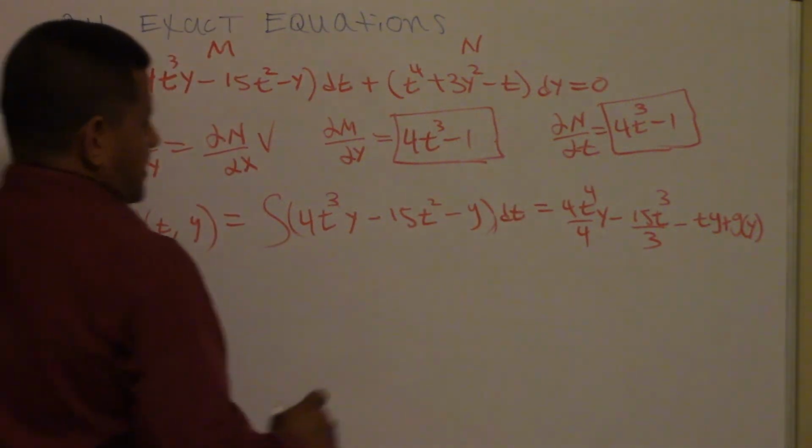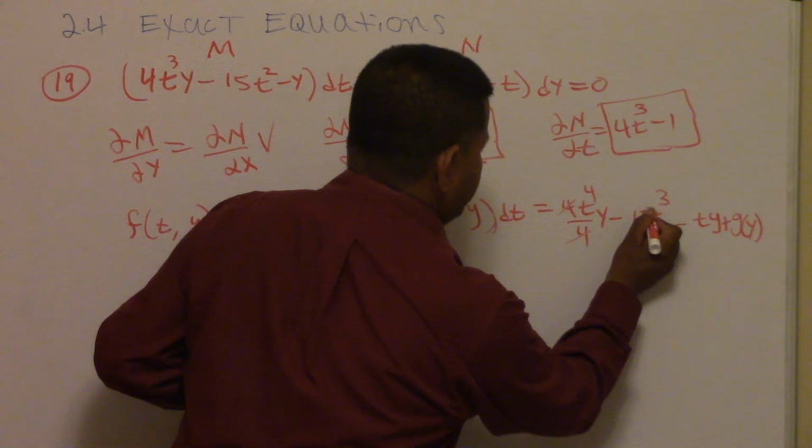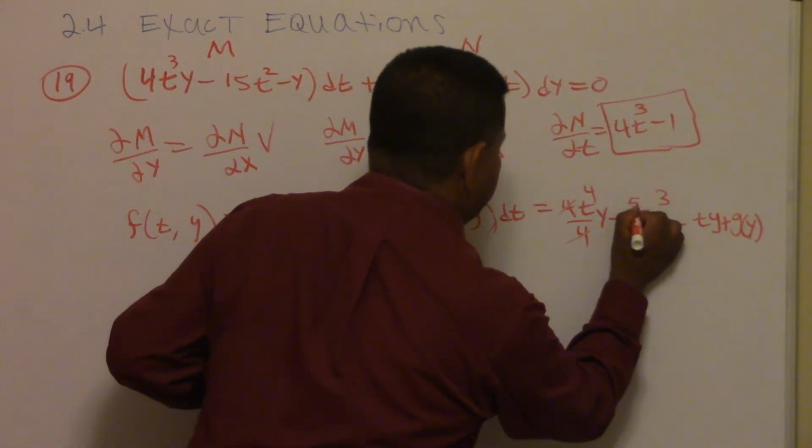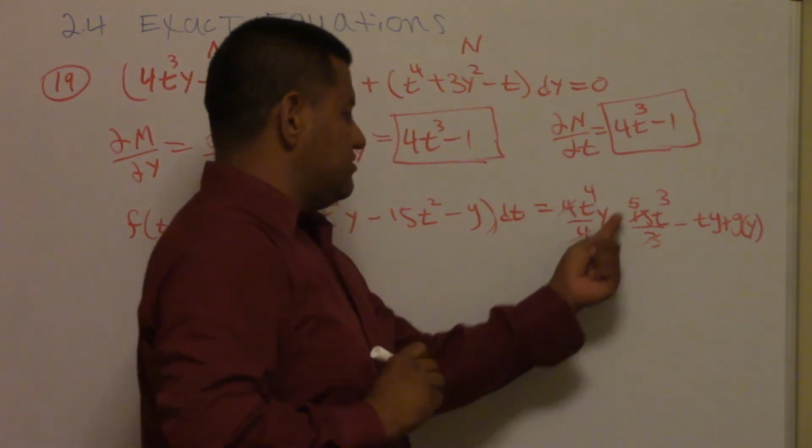Now, let me simplify that. This cancels with that one on the top. This goes over here 5 times with the 15 on the top. Of course, carry the negative.